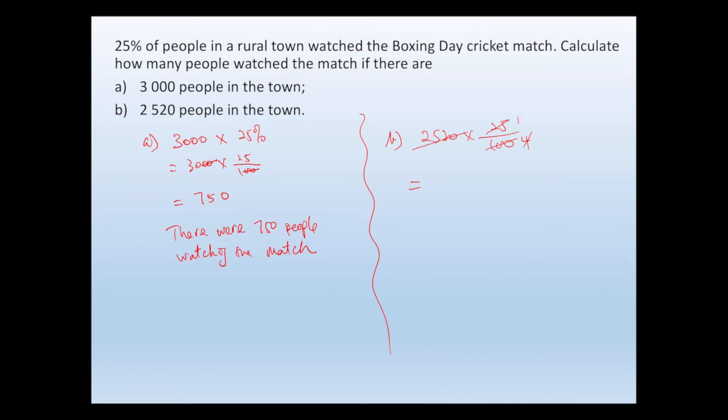And here 4 times 6 gives me 24, and 12, that's 30. So it's 630 people. So there were 630 people watching the match.